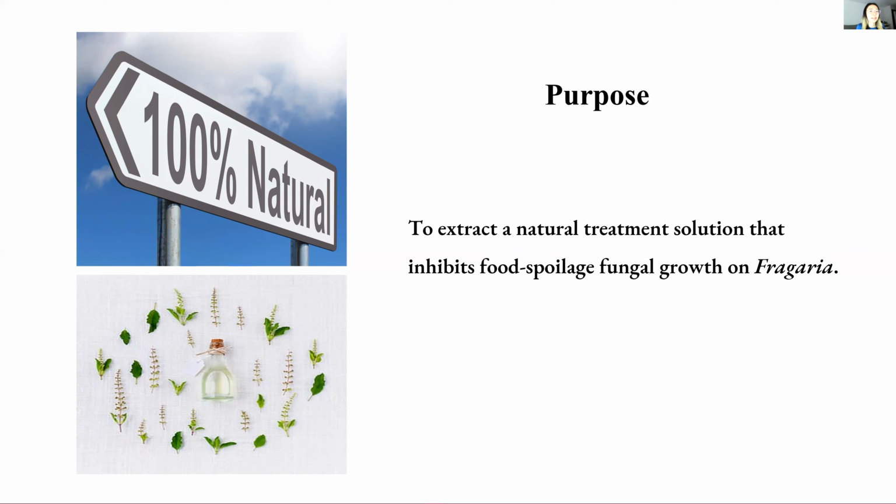So here I test the antifungal effects of 14 different foods on Fragaria, commonly known as strawberries, a fruit that has a short shelf life and spoils easily due to fungal infection, which makes them the ideal substrate to use for this experiment. Next, I will outline my experimental design.